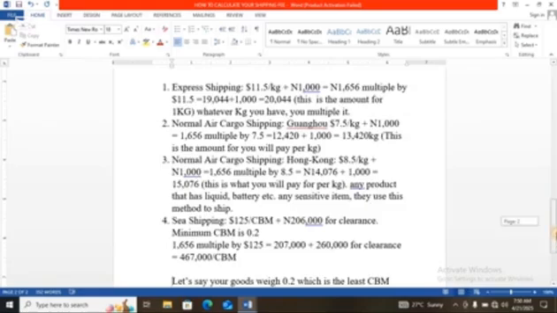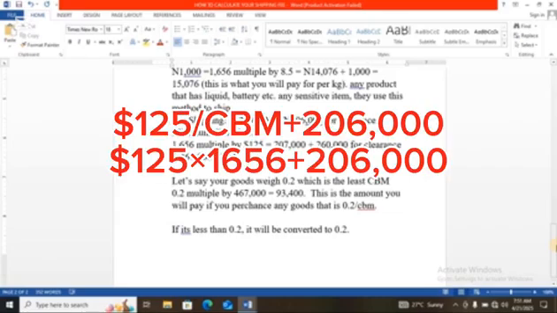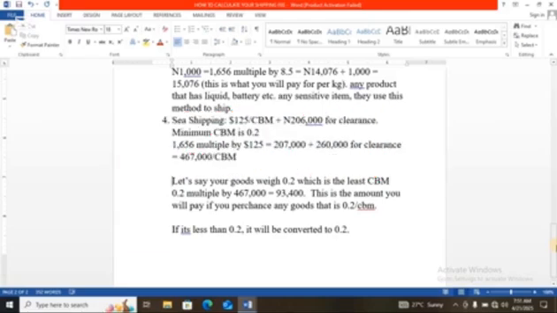Now let's go to the sea shipping. The sea shipping, so that you will know some things, so that you will not say, I'm buying eyeglass, I'm buying shoe, I want to ship it with sea. Now the sea shipping has a formula. So the sea shipping is $125 per CBM plus 206,000 for clearance.